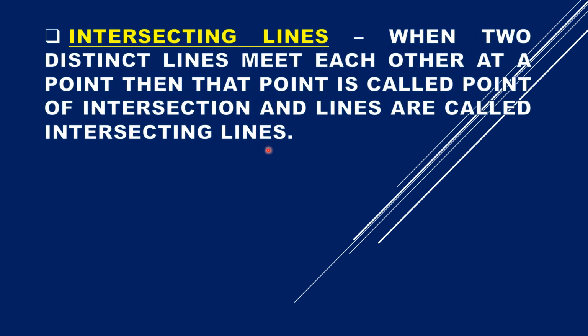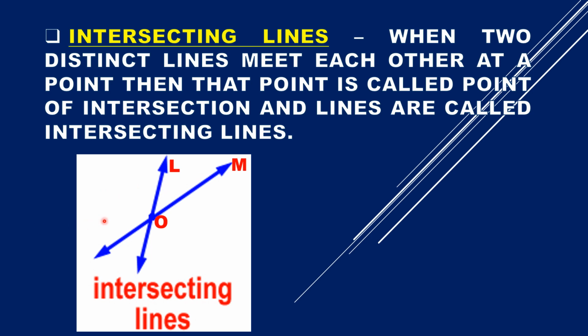Now, the next definition is for intersecting lines. When two distinct lines meet each other at a point, then that point is called the point of intersection and the lines are called intersecting lines. You can see here in this example, we have two lines, line L and line M. Both the lines here meet at point O. So this point is called the point of intersection and the lines are intersecting lines.